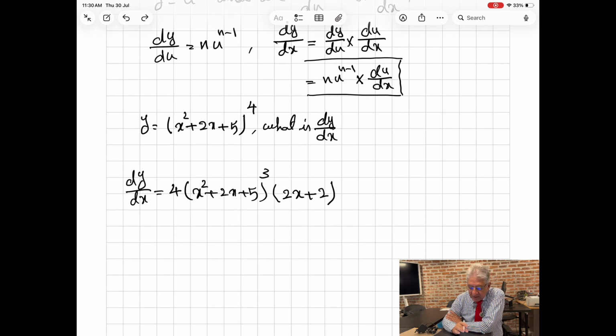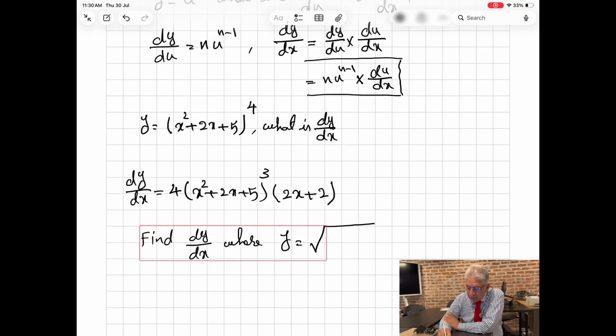Now, I will give another example. Find dy by dx, where y is equal to square root of x to the power of 2 plus 4x plus 7.